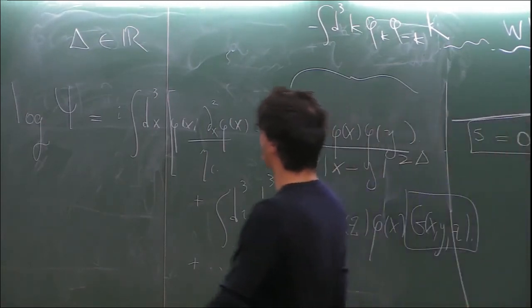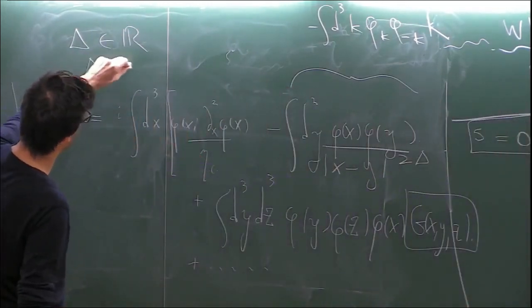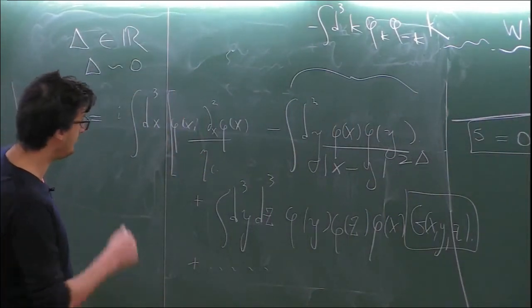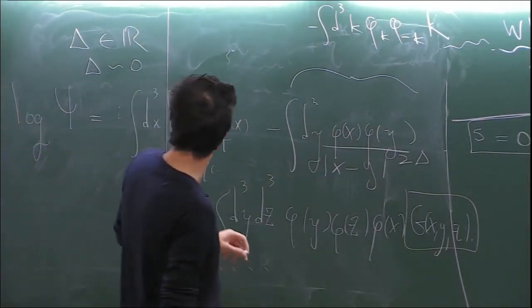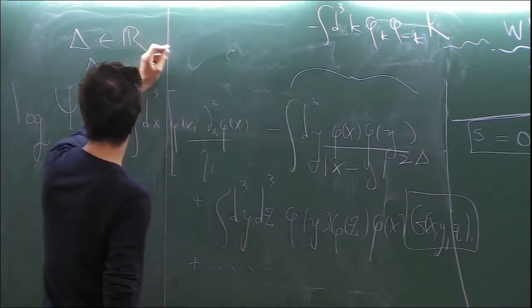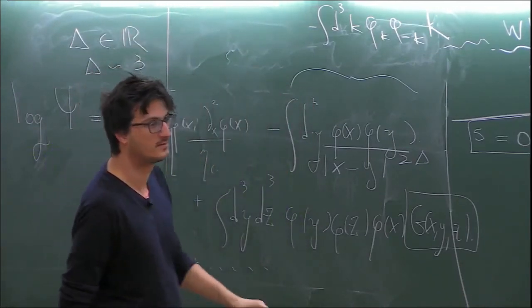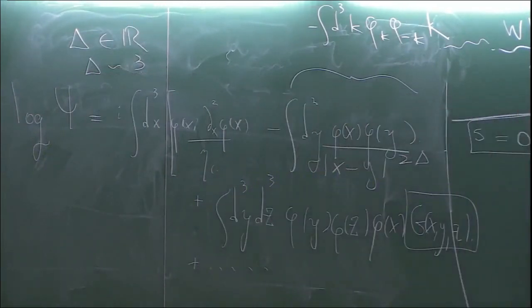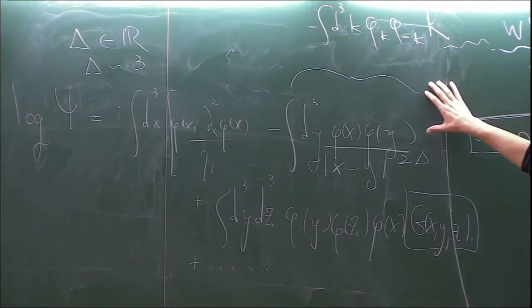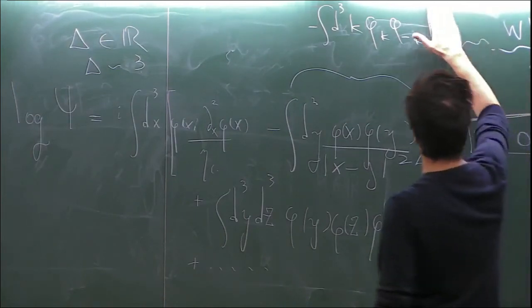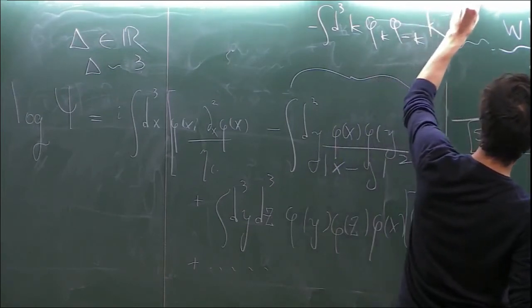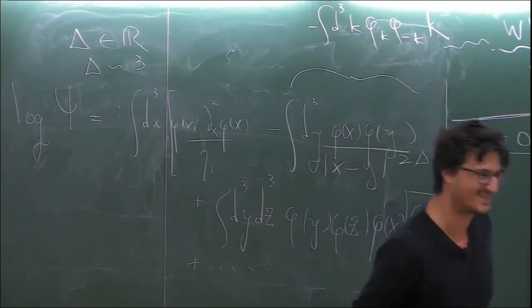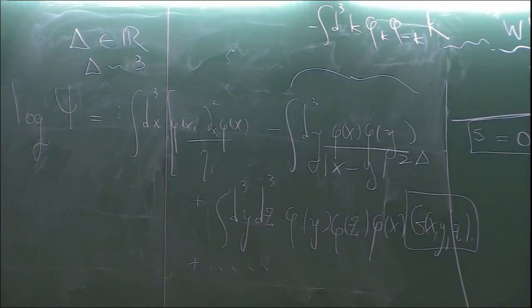So, in the case where delta is approximately 3, for the massless field, these fluctuations, no, it's 2 delta minus 3. Yeah, okay, good. So these fluctuations take an important form.